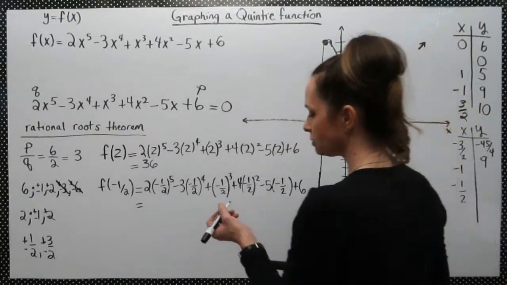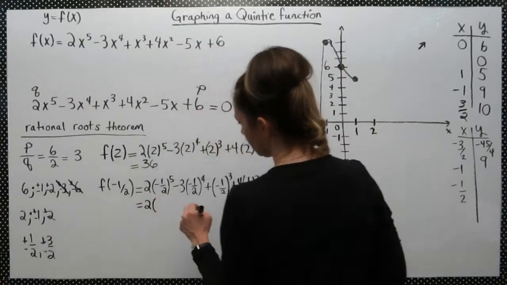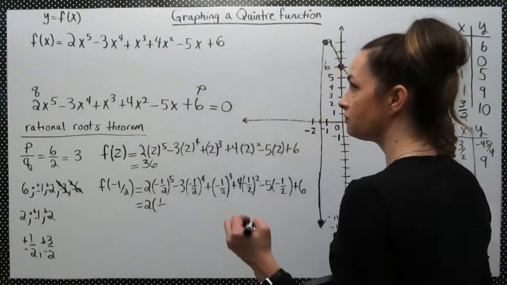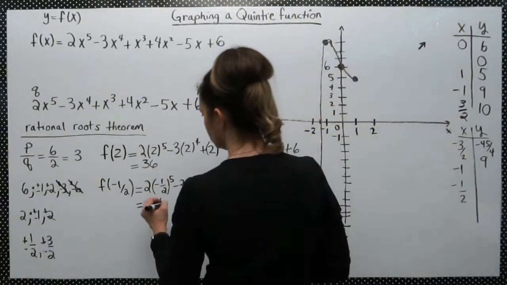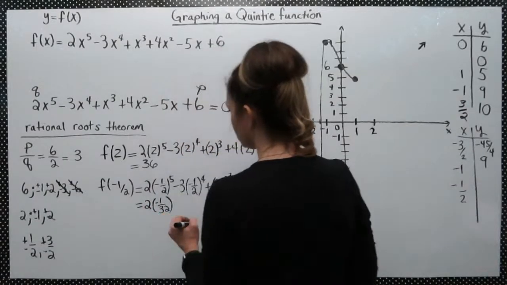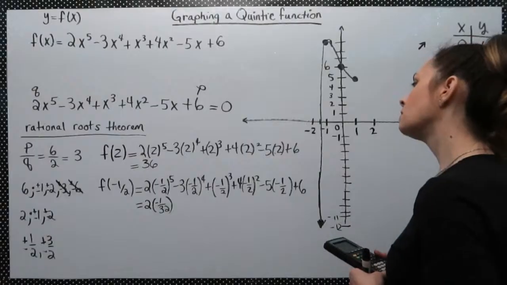So this first term we'll do real quick. 1 to the 5th is just 1, and 2 to the 5th, see, 2 to the 4th is 16, that's 32. And then it is going to remain negative because of the odd amount of negatives.